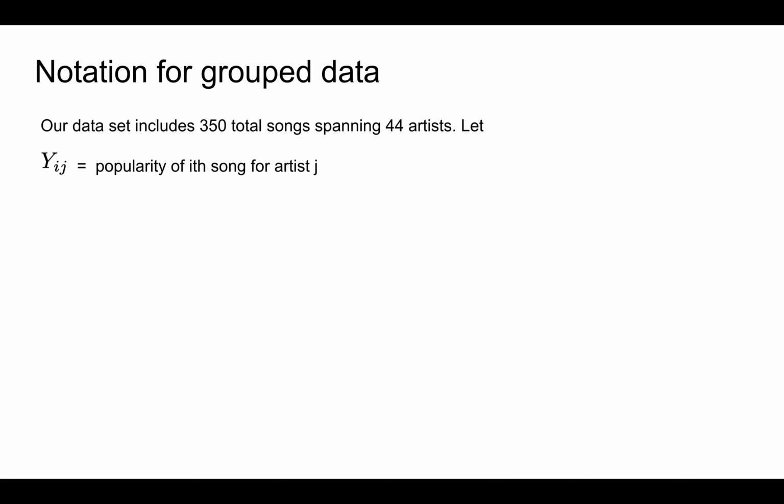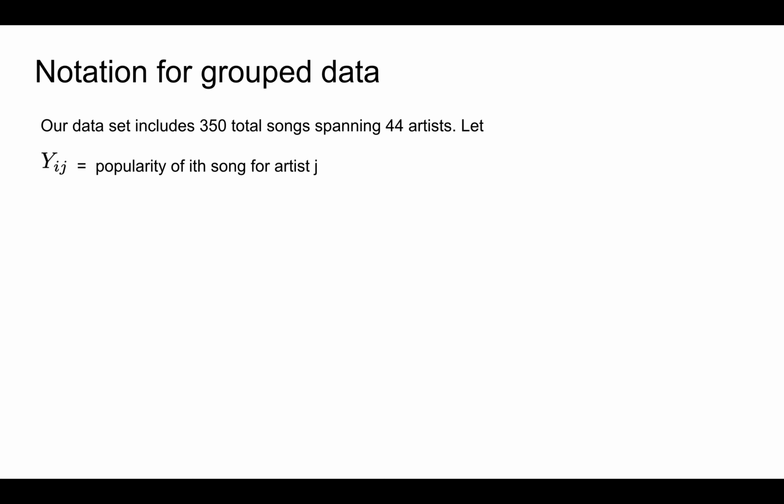Now, before analyzing this data, it's important to set up some notation. In total, our dataset includes 350 songs spanning 44 artists. Thus, our notation for song popularity requires 2 subscripts, one to denote which artist we're talking about, and one to denote which song within that artist we're talking about.